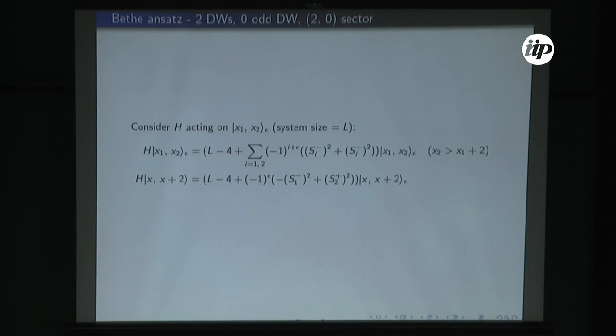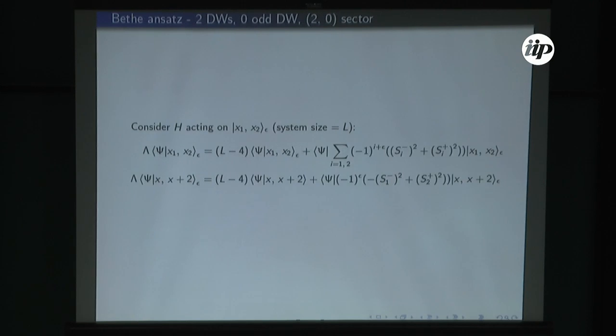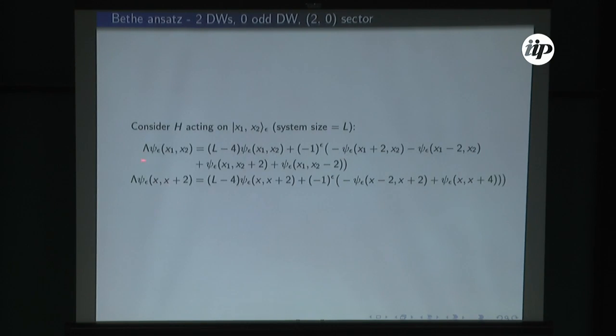Okay, so you multiply it with your eigenvector. Then you get the eigenvalues here, and you get certain wave function amplitudes, at different locations. So if you compute these, then basically you get these equations.